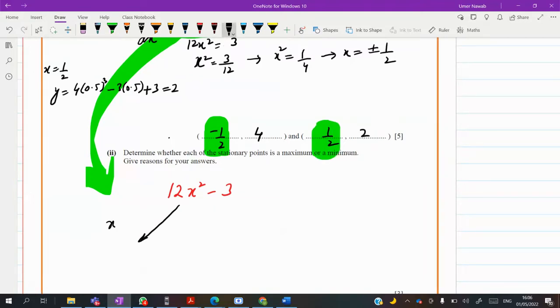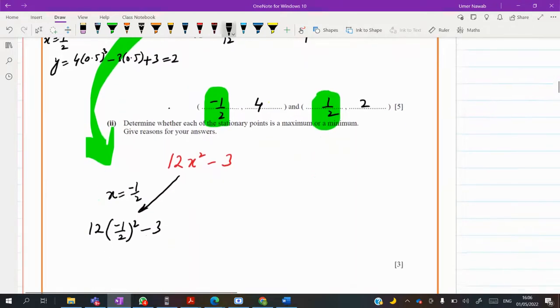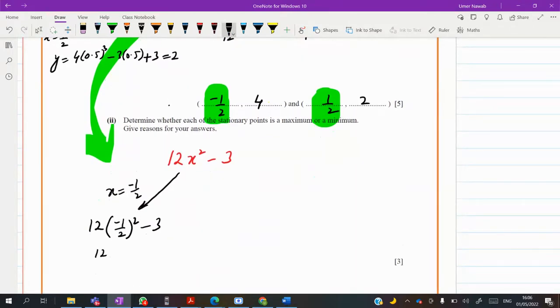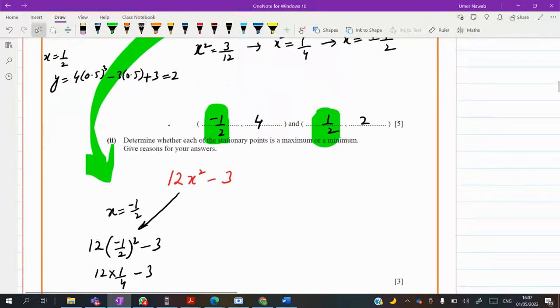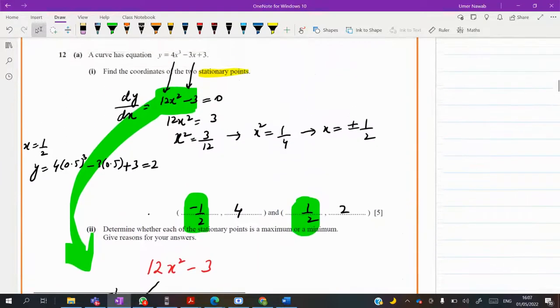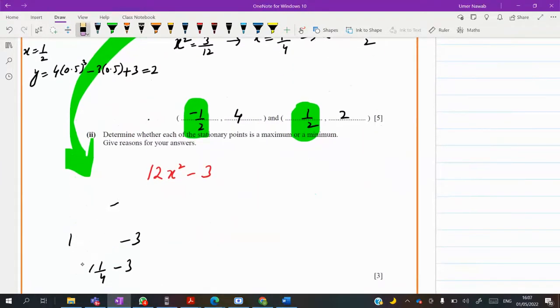So if x is equal to negative 1 over 2, oh, did I take the second derivative? I forgot. Sorry for that. That was my first derivative.